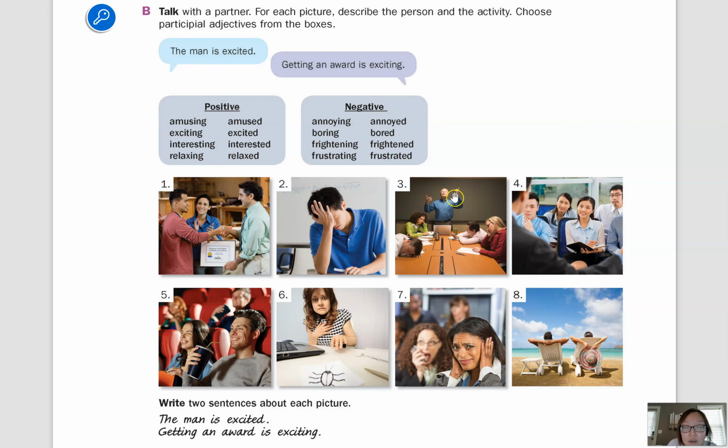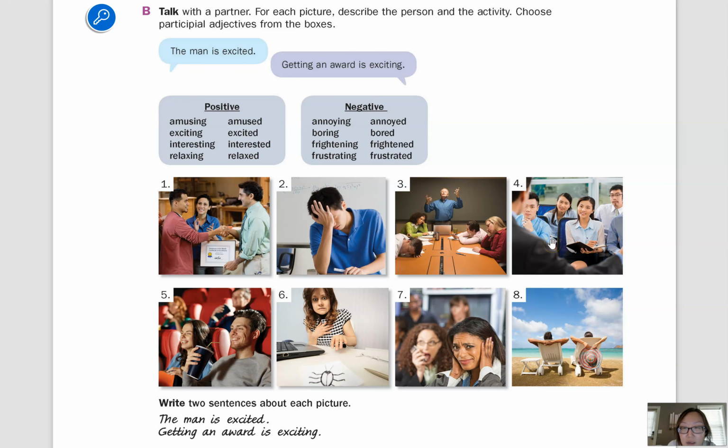So again, you can say the teacher is boring, or the class is boring, or the lecture is boring. And then you can say the students are bored. Okay? And then for number 4, we can say the speaker is interesting.